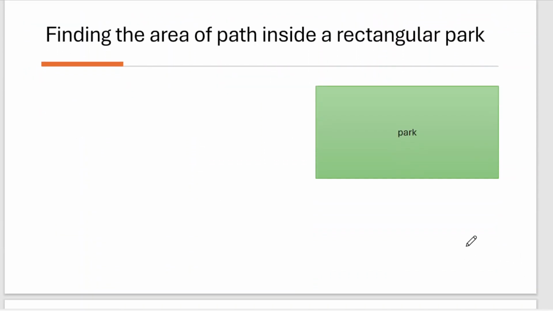Now let us find the area of path inside a rectangular park.